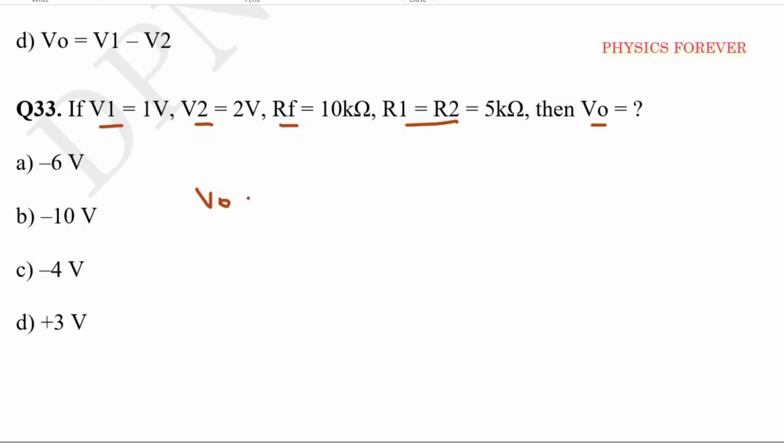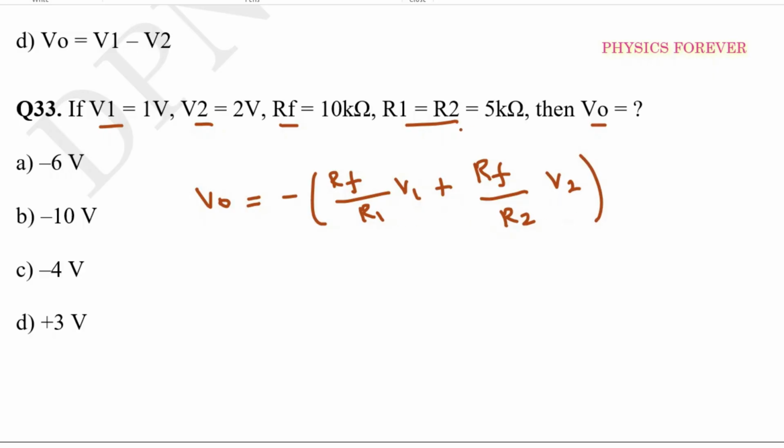We know the formula: V0 is equal to minus (RF by R1 into V1 plus RF by R2 into V2). R1 and R2 are 5 kilo ohm, the feedback resistance is 10 kilo ohm, V1 is equal to 1 volt, and V2 is equal to 2 volt.